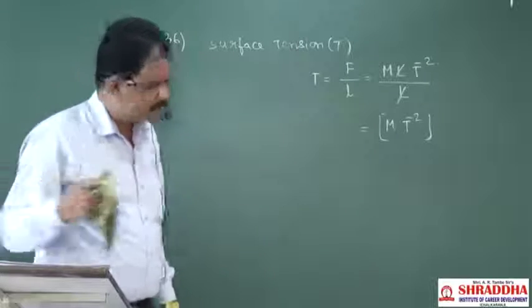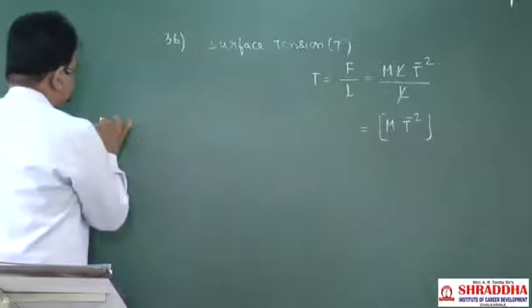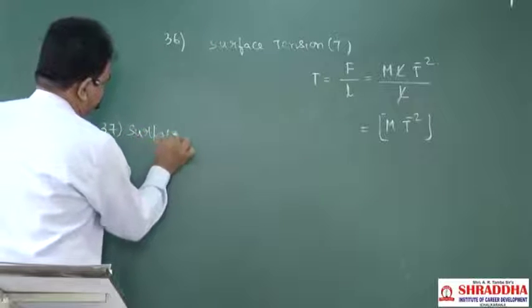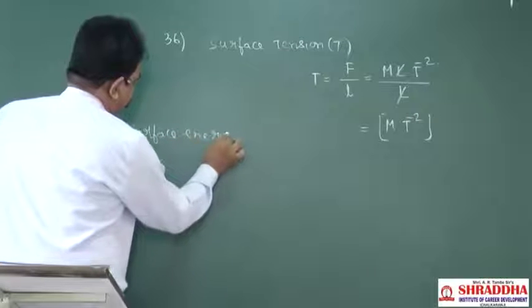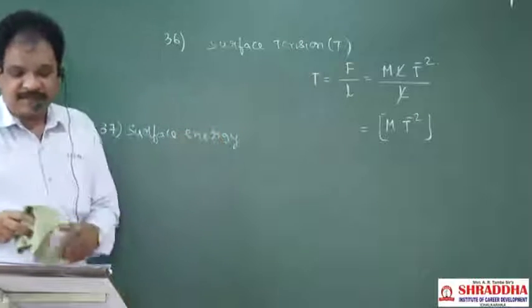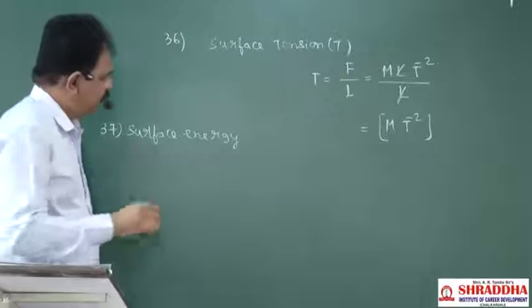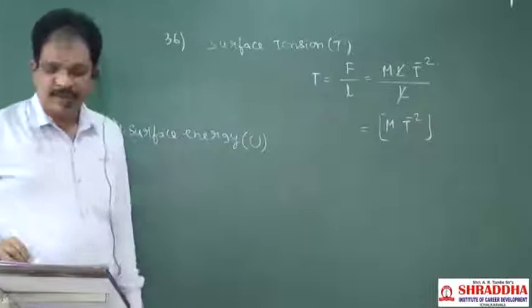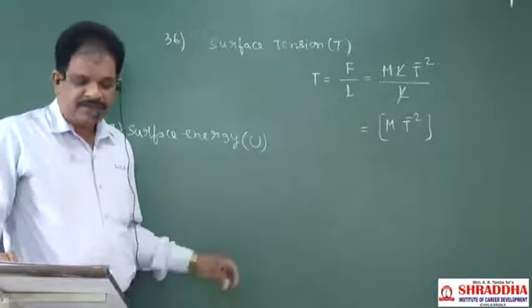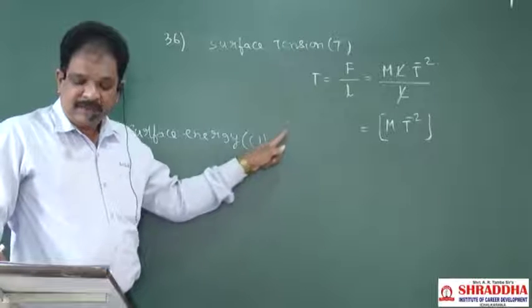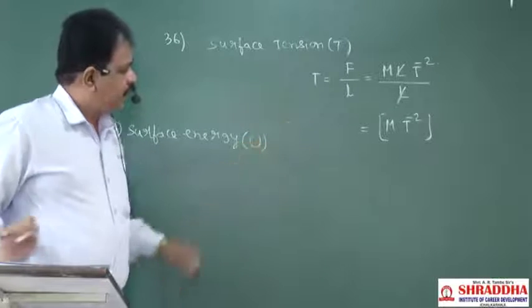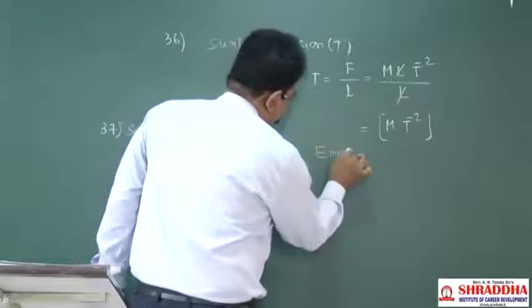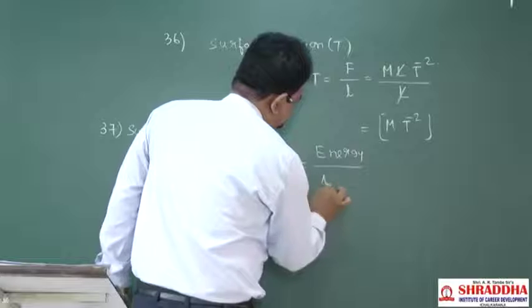Clear? Next, 37: surface energy. For this surface energy we can use the letter U. Surface energy means energy per unit area, energy by area.